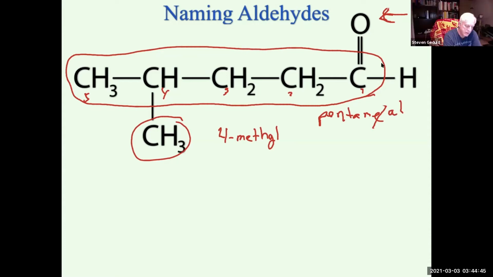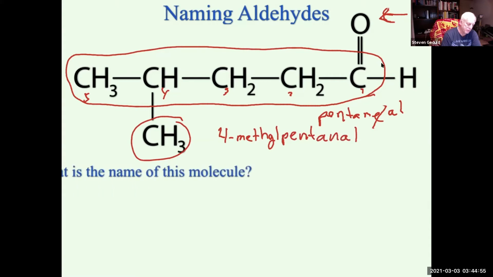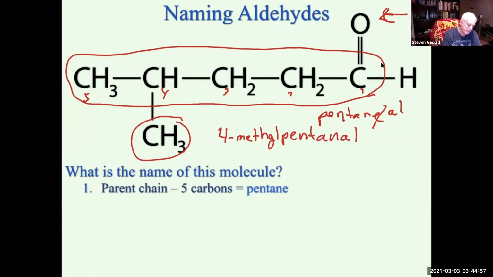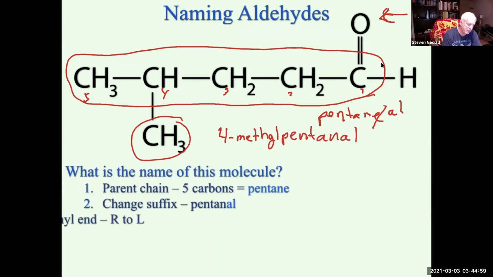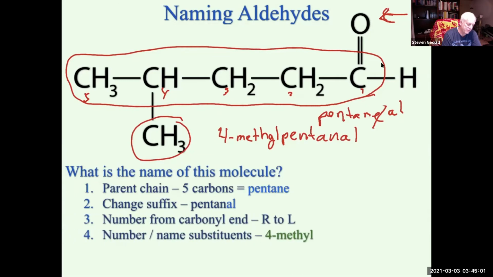AL, right? So 4-methylpentanal. The parent chain is 5 carbons, pentanal, numbered right to left, with a 4-methyl group, so 4-methylpentanal.